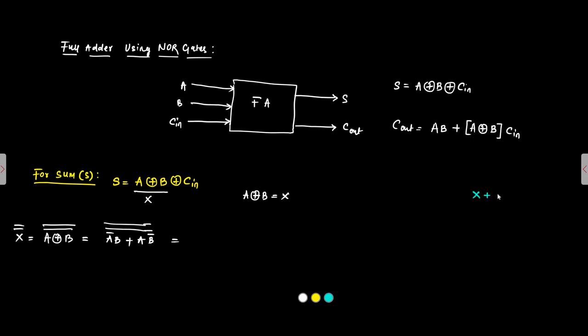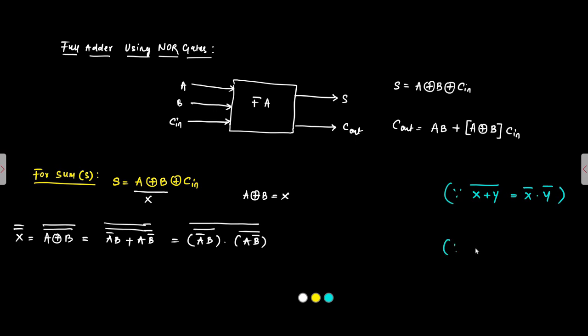Here we'll apply De Morgan's theorem, which is this: X or Y whole complement is equal to X complement and Y complement. So here it will be equal to (A bar B whole complement and A B bar whole complement) for the inner complement, and then the outer complement.